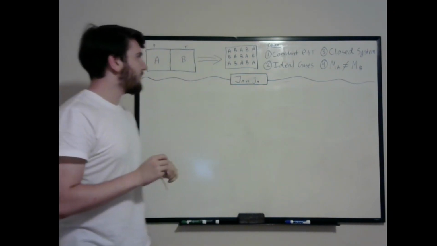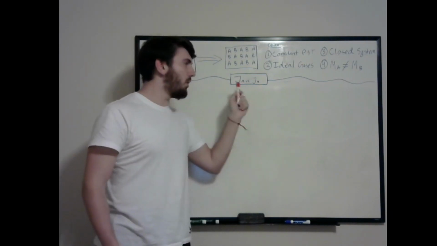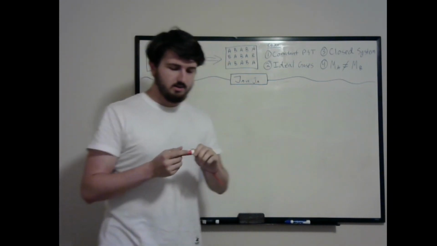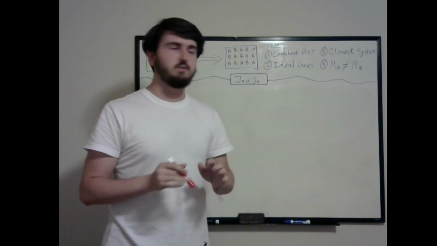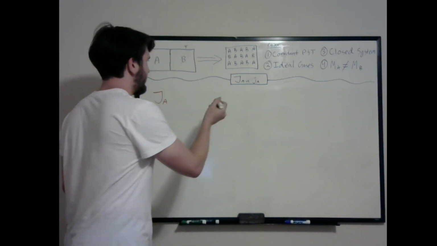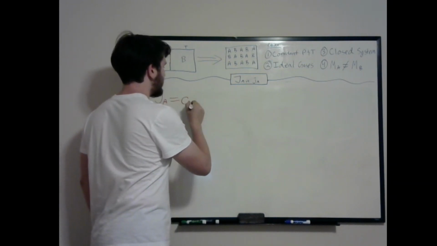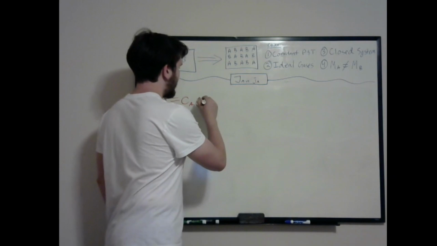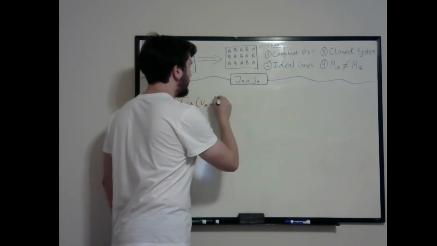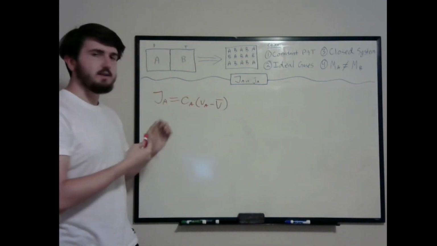So, knowing that, we're actually here to solve the problem. We want to find the comparison between the molar diffusive flux of A and the mass diffusive flux of A. So, let's start off by writing the equations for both. The molar diffusive flux of A is equal to the molar concentration of A times the velocity of A minus the total molar velocity of the entire system.